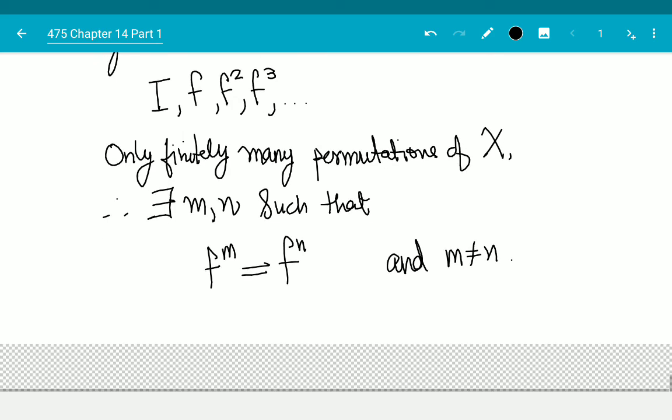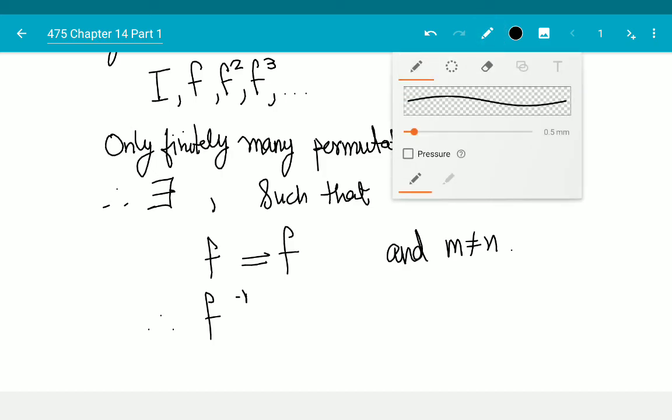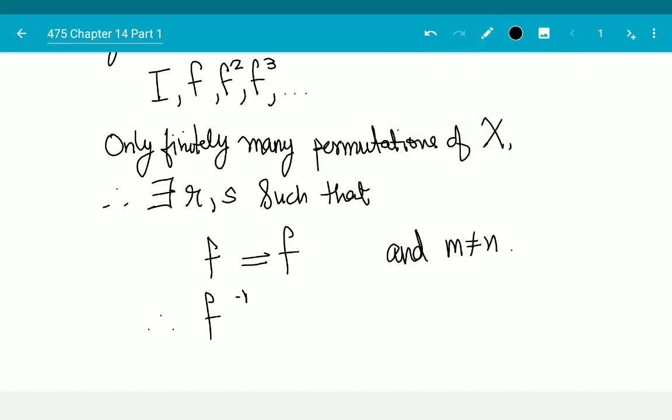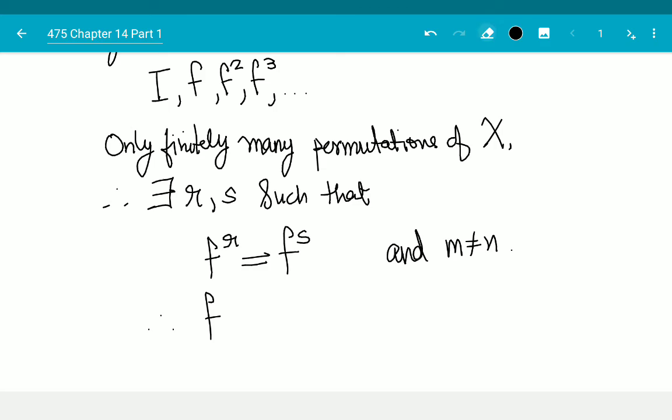Well, because I'm using n for my number of elements, let me just stick to r and s. R not equal to s. So f to the r minus s then is equal to f to the 0, which is equal to identity, right?